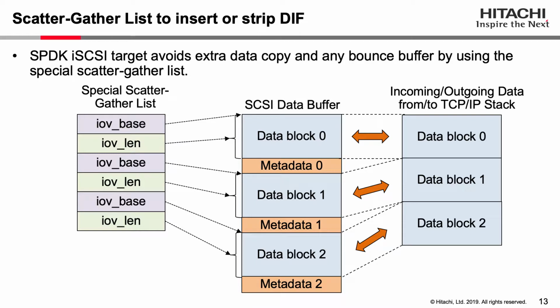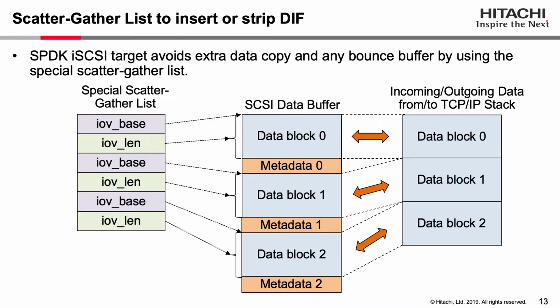How to use the SGL is, when the TCP/IP stack reads incoming data, we pass the special scatter gather list as the scatter list. And the TCP/IP stack leaves DIF space for each block.